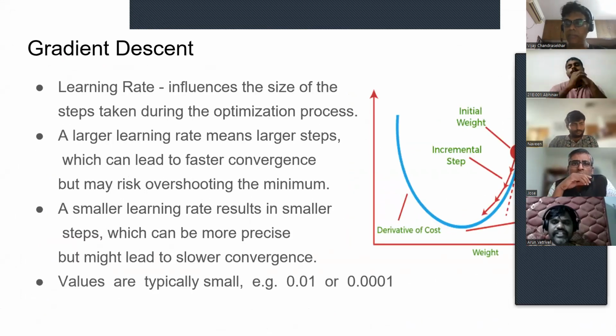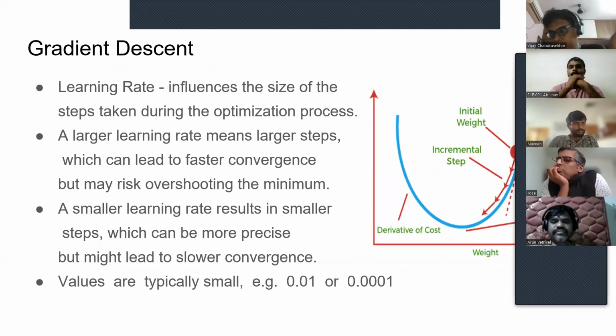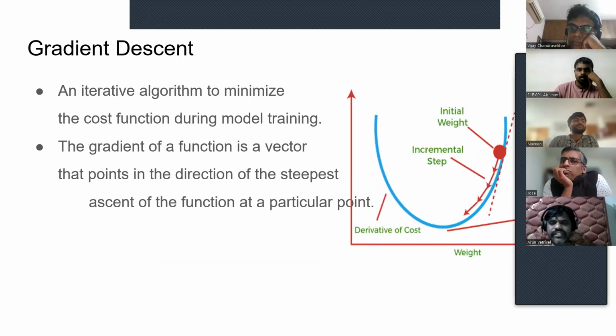M is one value that I'm trying to figure out, C is one value that I'm trying to figure out. Now I have an equation: y is equal to mx plus c. That's the equation we are starting with.